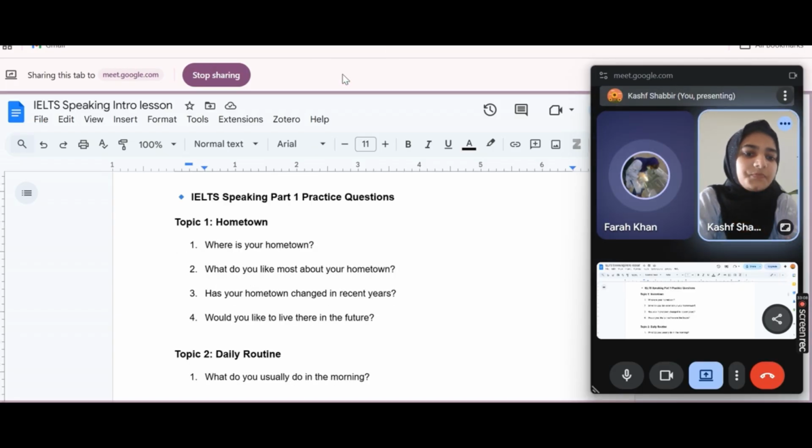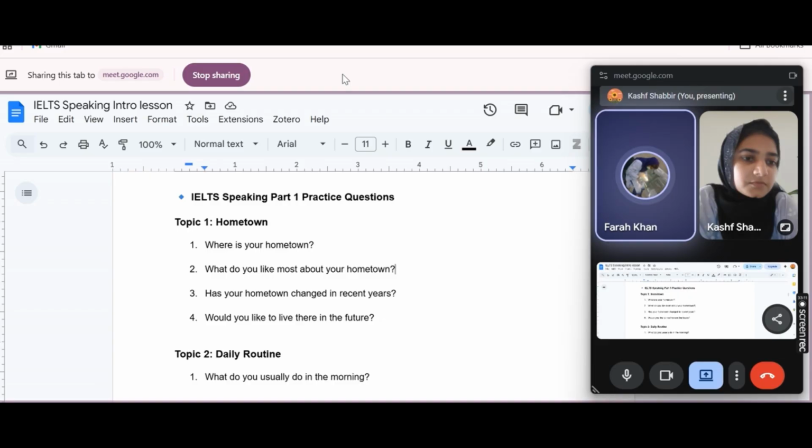What I like most about my hometown is the hospitality. My neighborhood is very community spirited, and the people over here are very helpful. They are very motivating. They invite other people to celebrate.